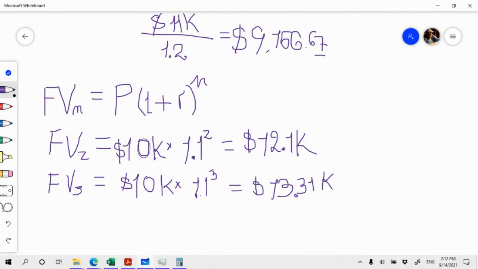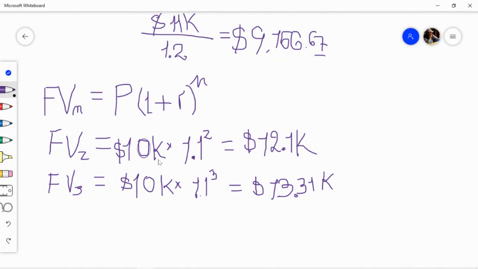But under simple interest, interest is not compounded. So the formula for simple interest is obviously easier.